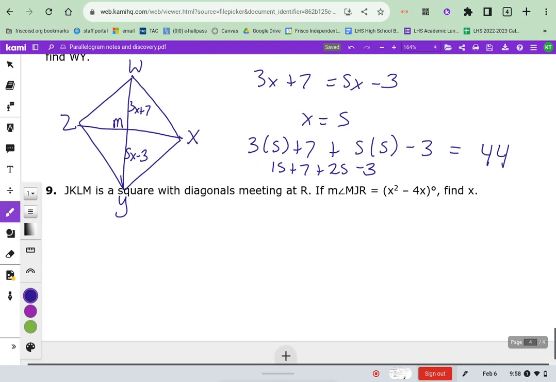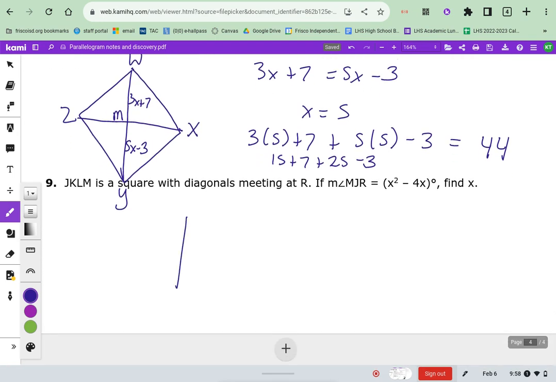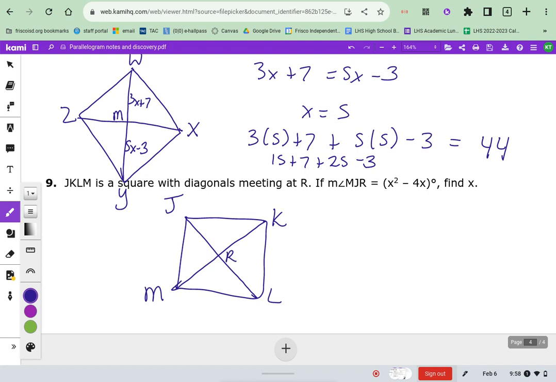And last piece, JKLM is a square with diagonals meeting at R. Angle MJR is x squared minus 4x, and we want to find x.